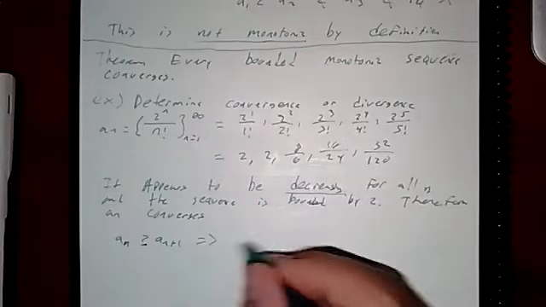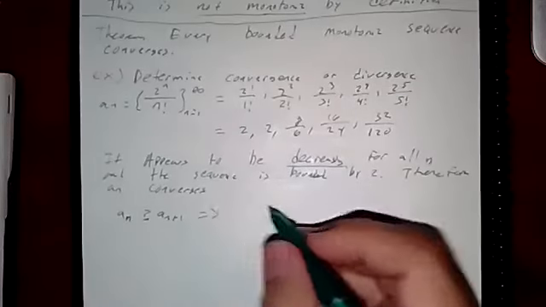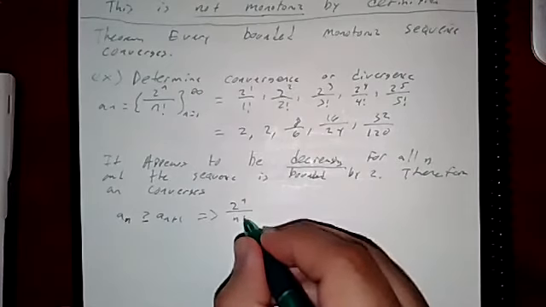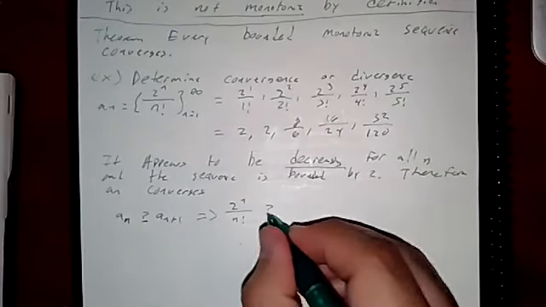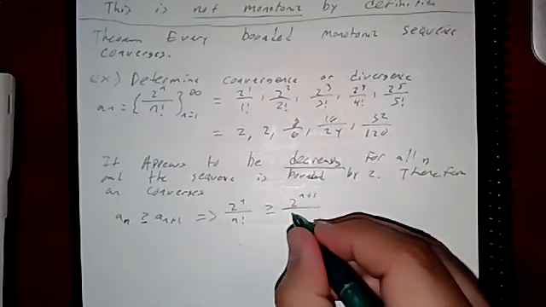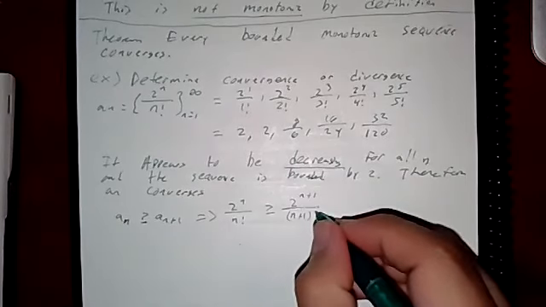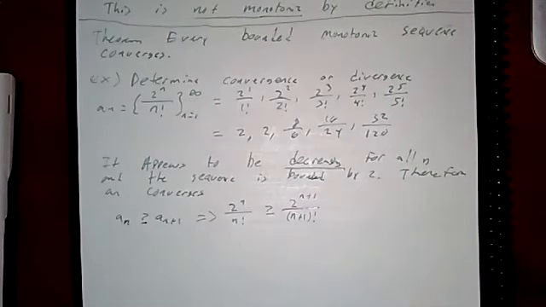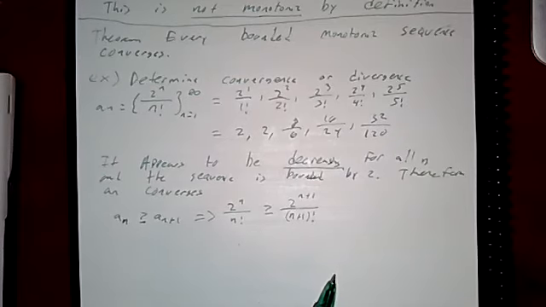So that would be 2 to the n over n factorial. Is that greater than or equal to 2 to the n plus 1 over n plus 1 factorial? Right? And right now it's not clear, but it looks like this one's smaller, but let's prove it. Okay.